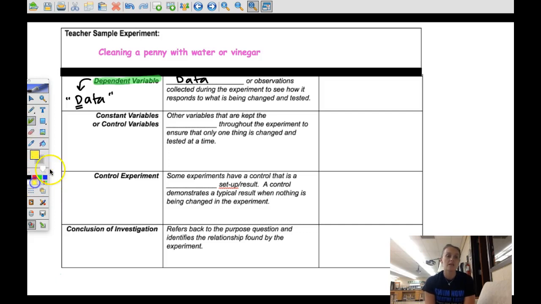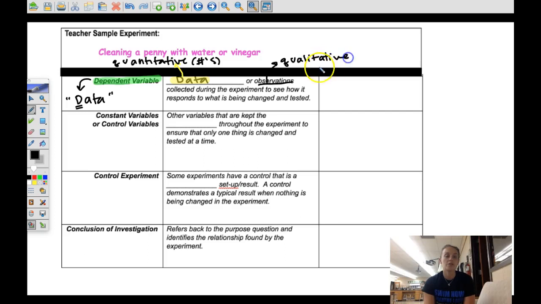Now here's the thing. There are two different types of data we can collect. When you think of data, typically that means quantitative. Quantitative data deals with numbers. Observations is also known as qualitative data.